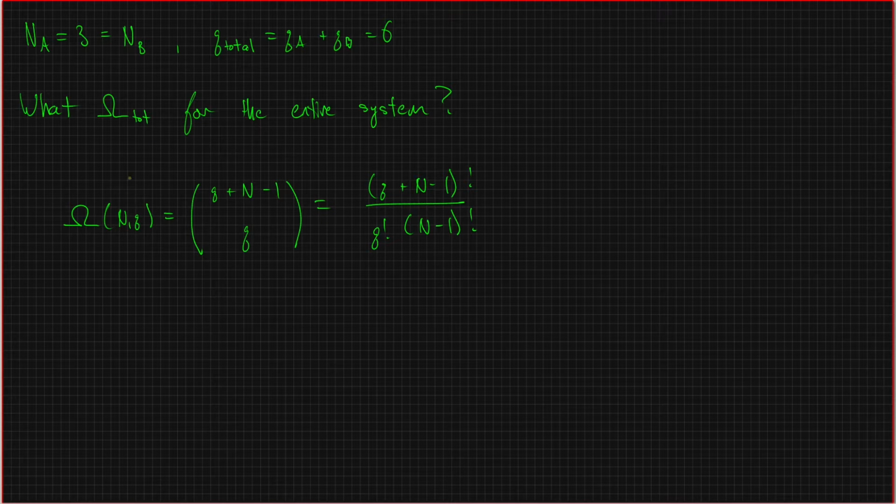So if you consider the system as a whole, it has n equal to NA plus NB because it's made up of both A and B. So it's got 6 oscillators, right?